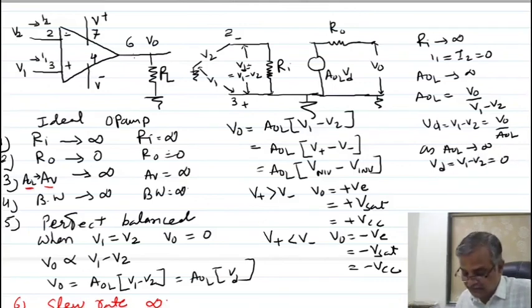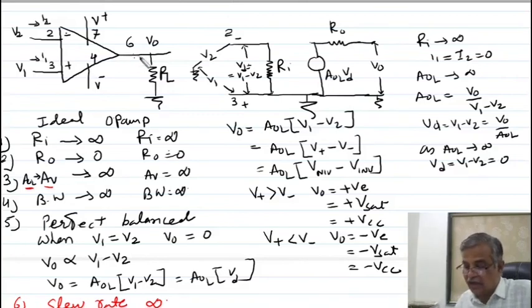Means my differential input voltage should be nearly 0. This is an important point. Due to the infinite open loop gain of the op amp, the difference between these two voltages tends to 0.